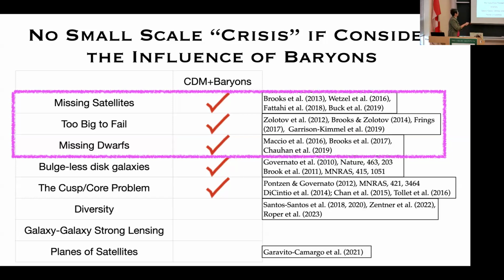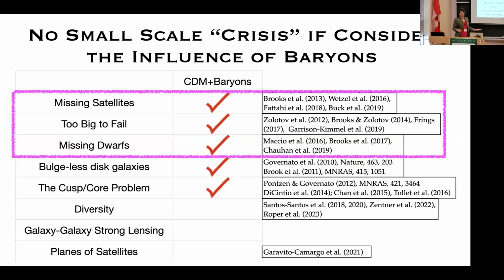This missing dwarfs problem has also been called the too big to fail problem in the field. It's a mismatch between the velocity function observed in dwarf galaxies, primarily through neutral hydrogen, unresolved HI mostly, not actually rotation curves, compared to the maximum velocity that you would get out of a simulation.